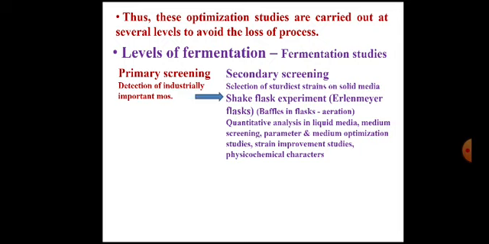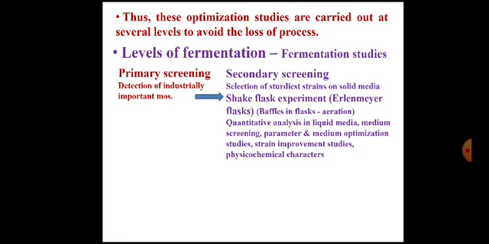Secondary screening involves quantitative analysis in liquid medium. It also involves screening for medium, which means we can screen for different types of media components, different crude medium components like molasses, corn steep liquor, sulfite waste liquor, etc. Quantitative analysis and screening involves screening for different parameters like pH, temperature, and dissolved oxygen.